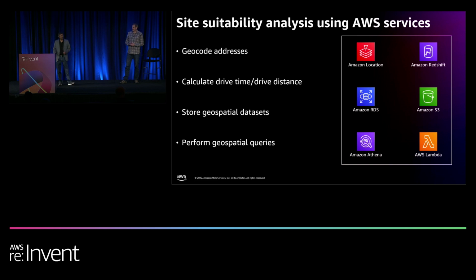You can implement cloud-native solutions for site suitability analysis using AWS, Amazon Location Service, and other AWS services, where you can geocode your addresses, you can find drive time and drive distances using Amazon Location Service. You can use Amazon Redshift, Amazon RDS, S3, Athena.